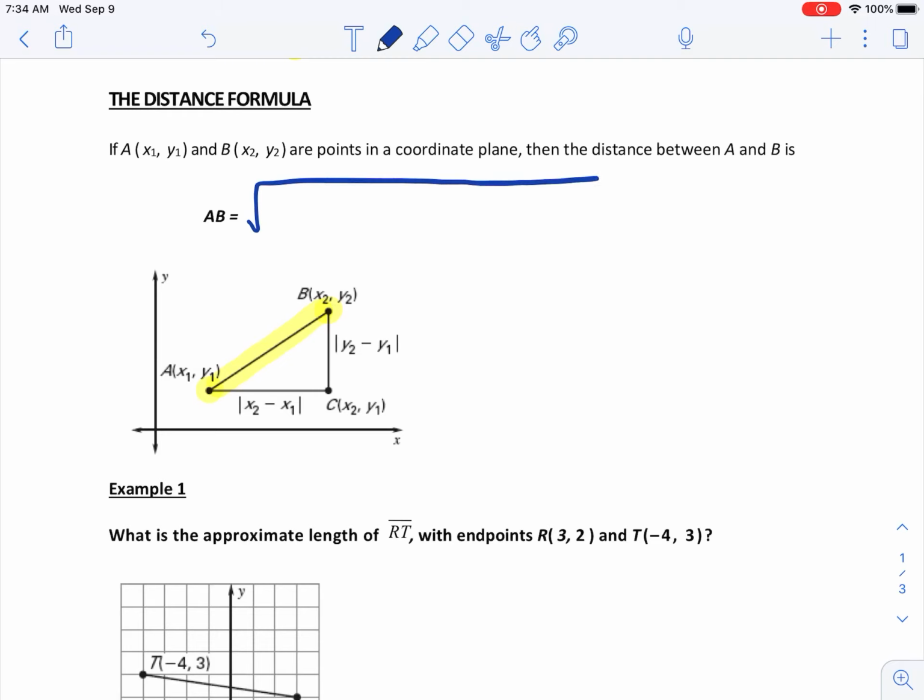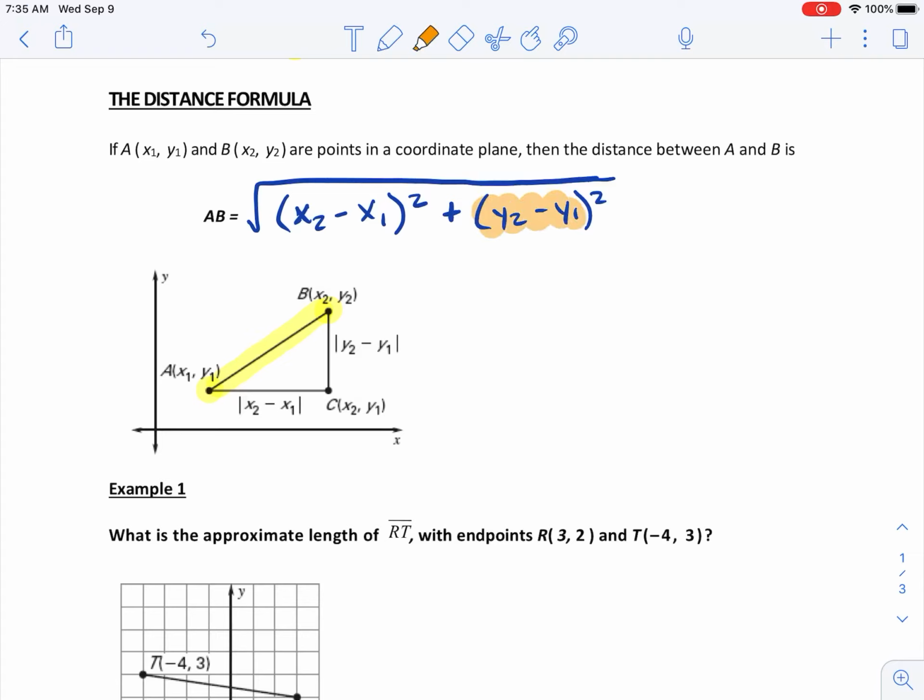And here's what the formula says. If I want to find the distance from A to B, I take the square root of the x2 term minus the x1 term, squared. That is the horizontal distance. Just like a squared plus b squared, here is the plus b squared, which is y2 minus y1, squared.